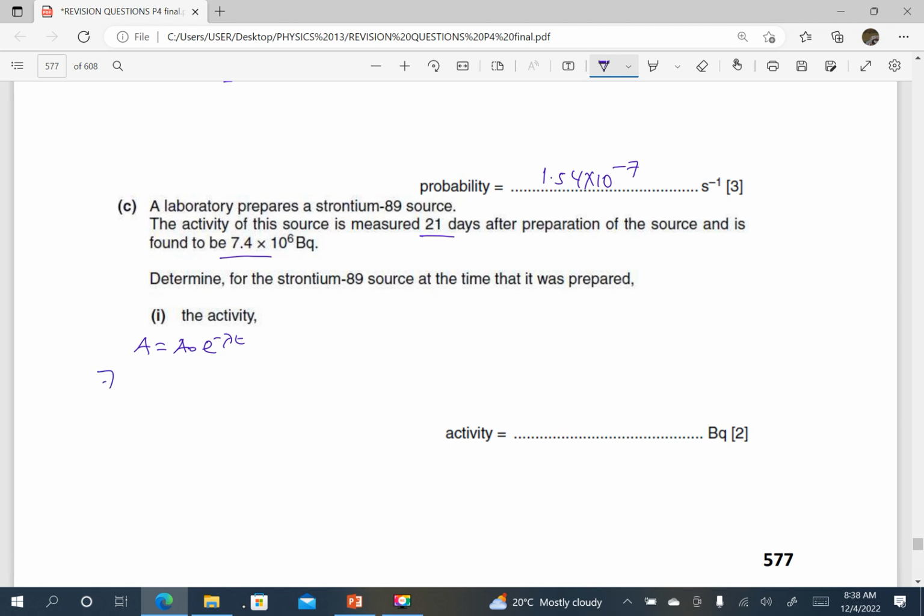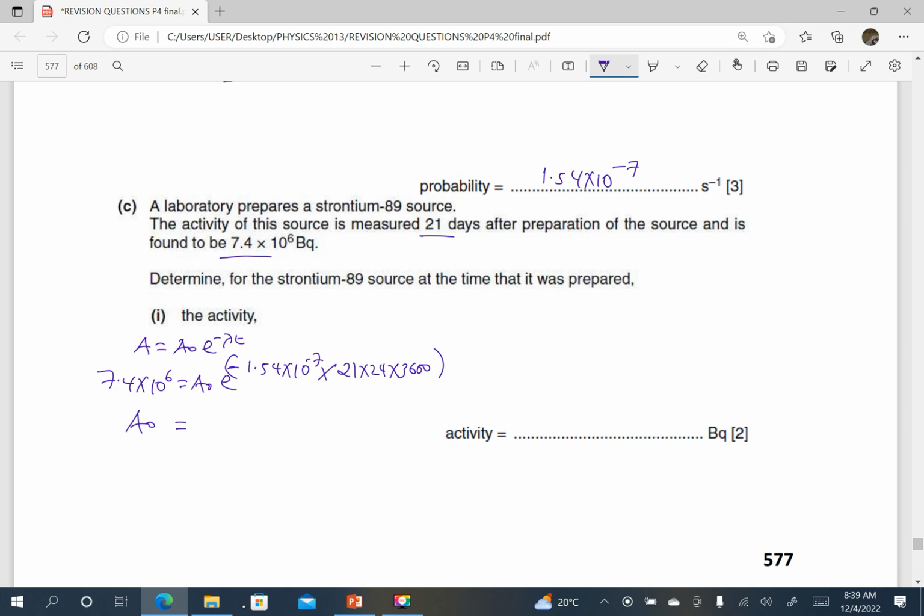So 7.4 times 10 power 6 is equal to the original activity e power negative the decay constant, 1.54 times 10 power negative 7, then times the time, which is 21 days. So I will say 21 times 24 hours times 3600. That is the time in seconds. So I am just going to divide by e power that to get A naught.